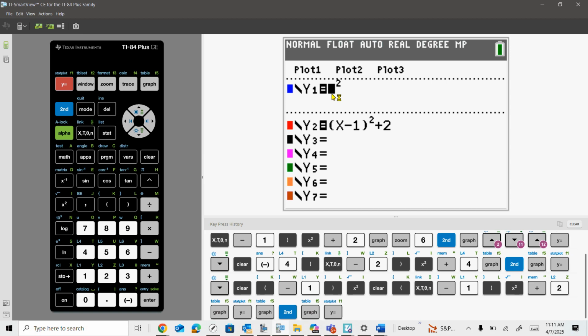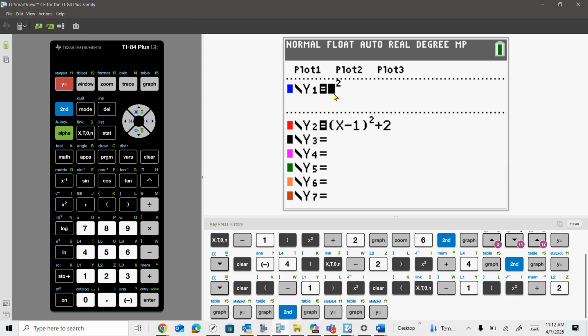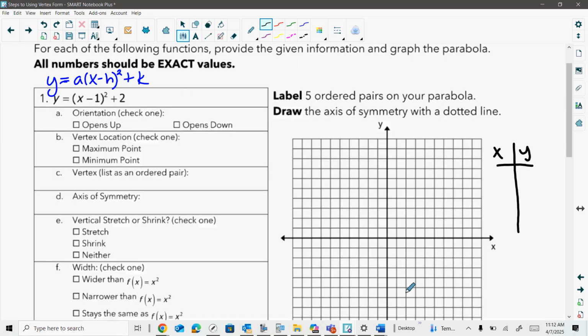Guys, notice this. My parent function is going to be blue on my graph, and then the new function, the transformation, the vertex form, is red. Okay? We can physically see how it changed. So I did y equals x squared for 1, and then (x minus 1) squared plus 2. All right, so yes, we saw that it opens up.